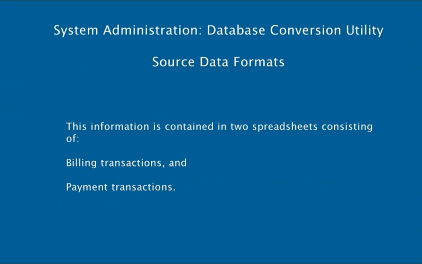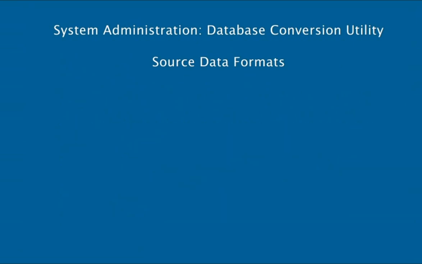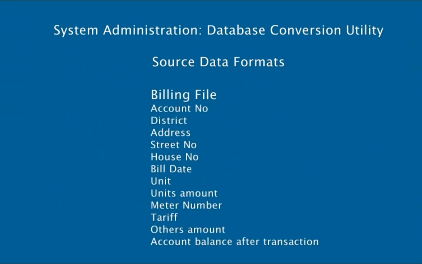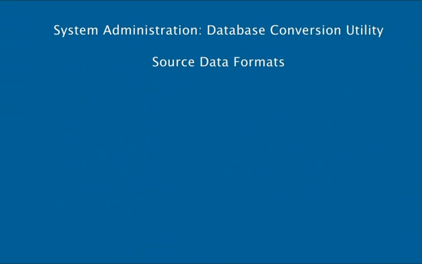The billing data update information is contained in two spreadsheets, consisting of billing transactions and payment transactions. The billing file fields are account number, districts number, address, street number, house number, billing date, unit amount, meter number, tariff, others amount, and account balance after transaction.